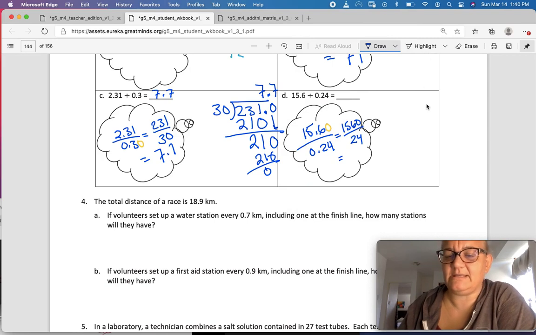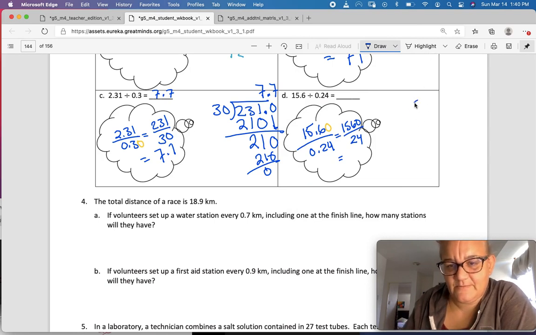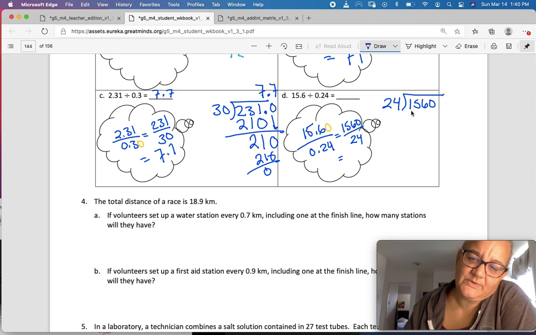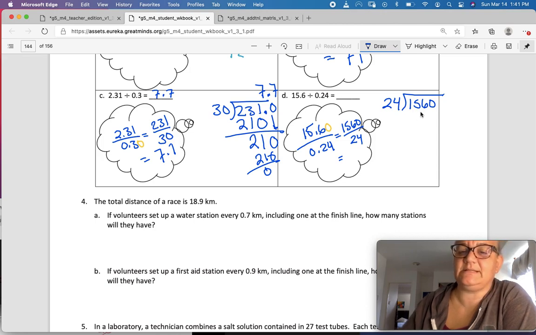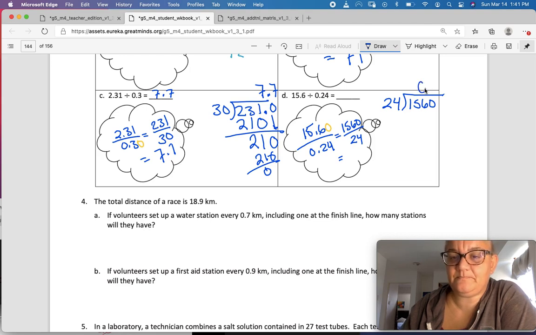So now I can do my long division. 1,560 divided by 24. Well, 24 doesn't go into 1, and it doesn't go into 15, but it does go into 156 about 1, 2, 3, 4, 5, 6 times.